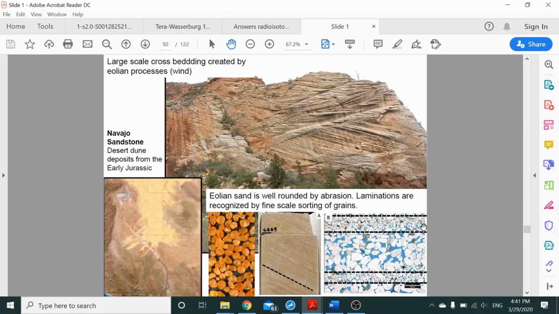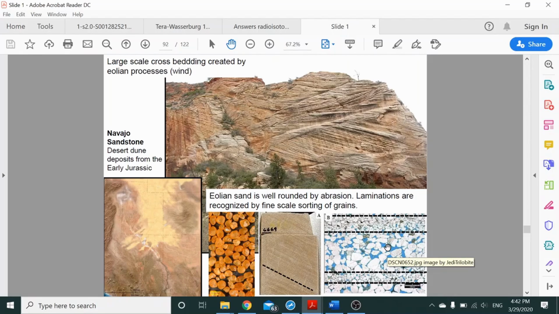This is one episode of deposition, another episode of deposition, and here it is alternating, and we can tell that the particle size here is small and the particle size here is large, so the wind speed over here is going to be slow, and the wind speed here is going to be relatively fast. So what I'm trying to say is that even though Eolian deposition produces very well-sorted sediments, within the geologic record the wind transportation velocity varies, and the grain size within the rock could vary.